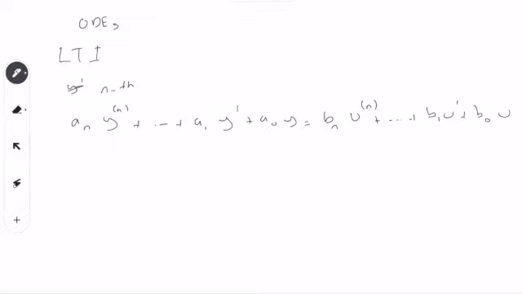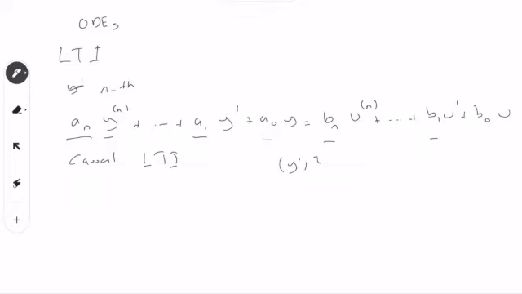This is a causal linear time invariant differential equation representation. Why is it linear? Because all of the coefficients are constant, and all of the y prime, u prime, and other terms are in a linear and simple form. There's no, for example, y prime square term or anything like this.